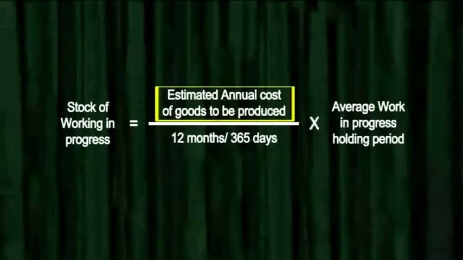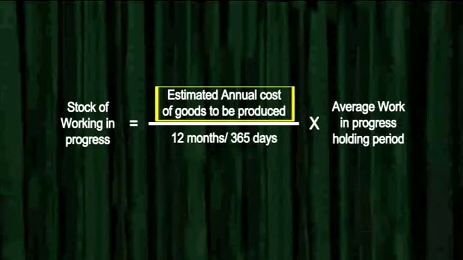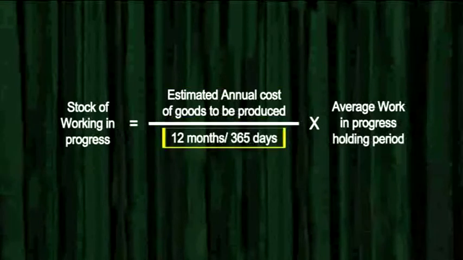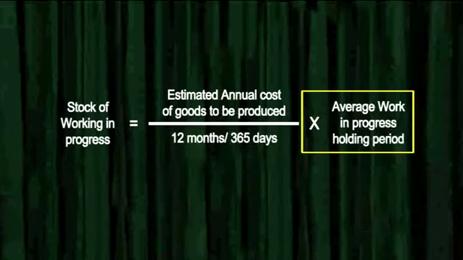Similarly, stock of work in progress is to be computed using the formula, which is estimated annual cost of goods to be produced, divided by 12 months or 365 days, into average work in progress holding period. We have to use 12 months or 365 days. It will depend upon the holding period as given to us in the information.